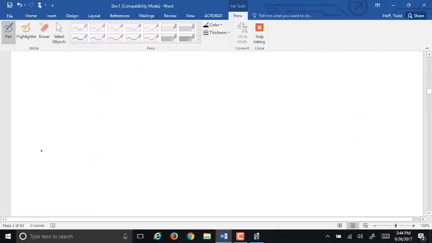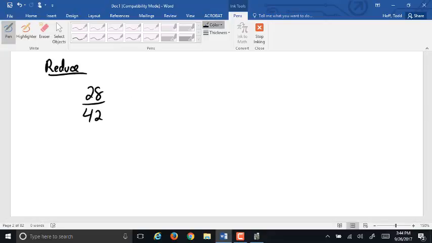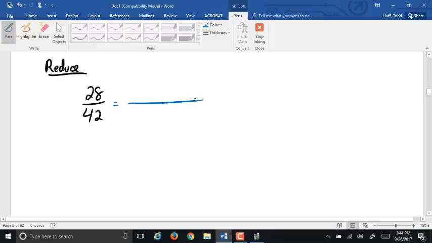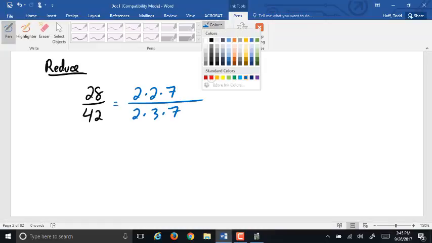The next thing we can use factoring for is reducing. When I ask you to reduce 28 over 42, we could prime factor both of those. 28 was 2 times 2 times 7. 42 is 2 times 3 times 7.